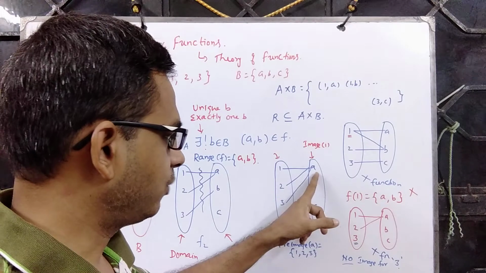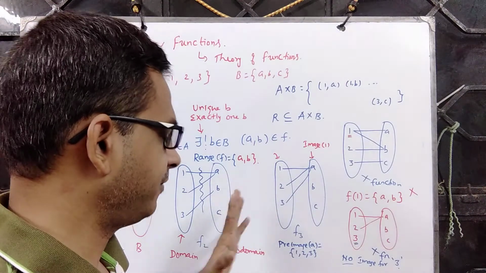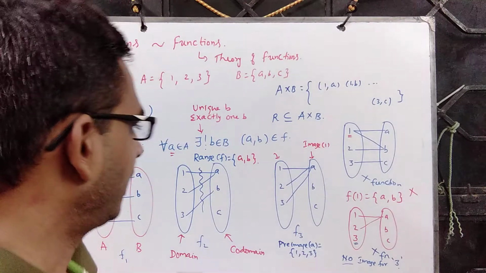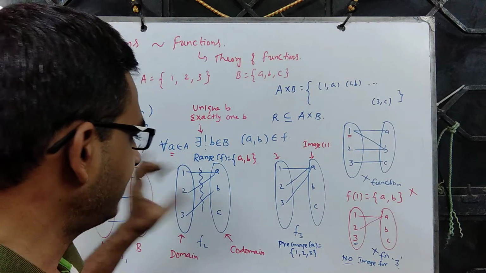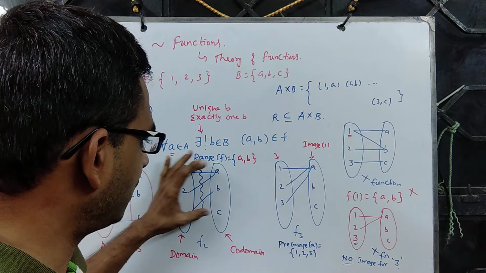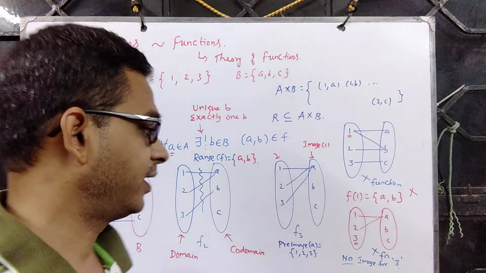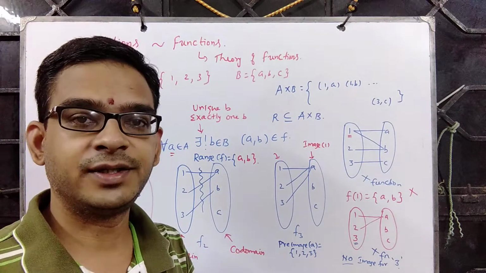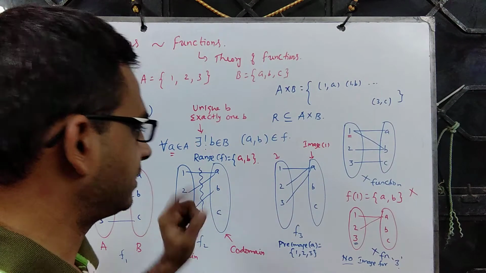For an element in the codomain, we talk about its pre-image. It could be a set of elements. And for a function, we talk about the range. The range will tell you what all elements in the codomain are covered as part of the function f. So we see that the range of f is a comma b.